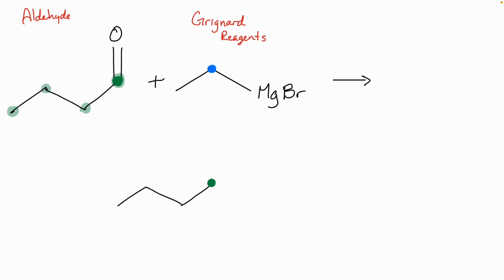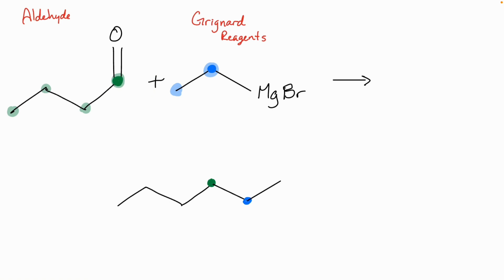How many more carbons do I need to draw? 2, right? The 2 from my Grignard. 1, 2. When I draw my new bond, as we said, on the other side of that needs to be that blue carbon, because that's how these two molecules are being connected. So then I have one more to go here. Boom.